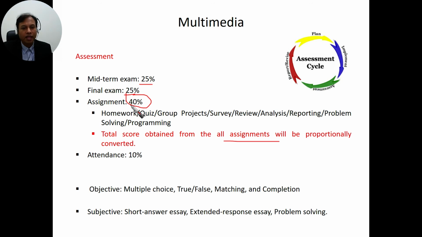Attendance is 10%. For the midterm and final exams, we don't know yet how I'll conduct them, but you can have an idea that they would be multiple choice, true/false, matching, or completion questions. They might also have subjective parts, such as short answers, extended responses, or problem solving.